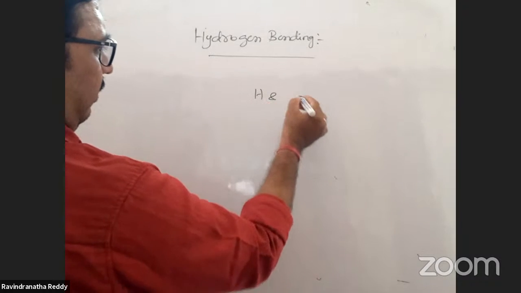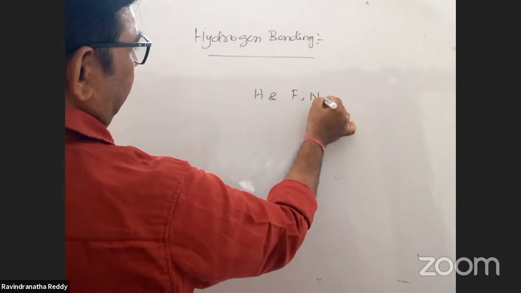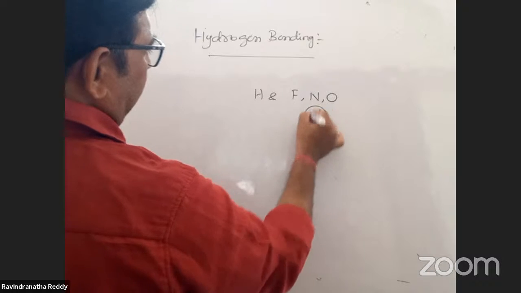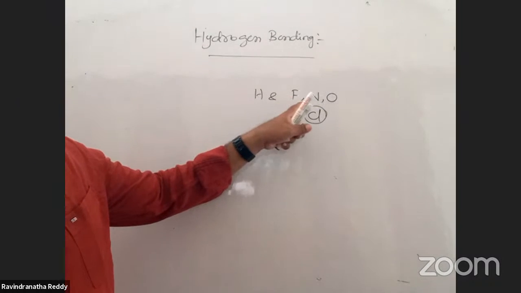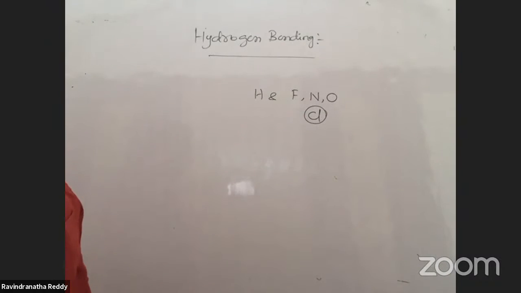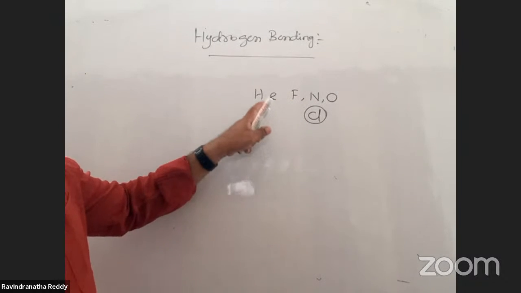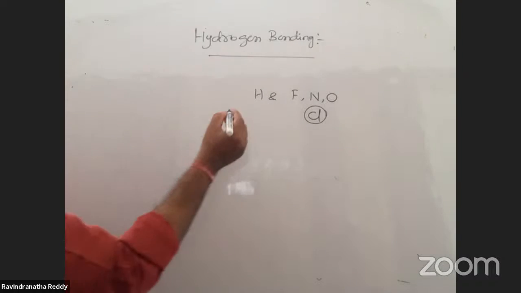Highly electronegative atom means fluorine, nitrogen, and oxygen, with fluorine a very rare case. That one is a small sized atom which contains at least one lone pair and is attached with hydrogen.